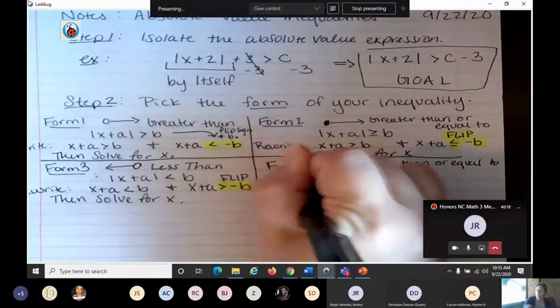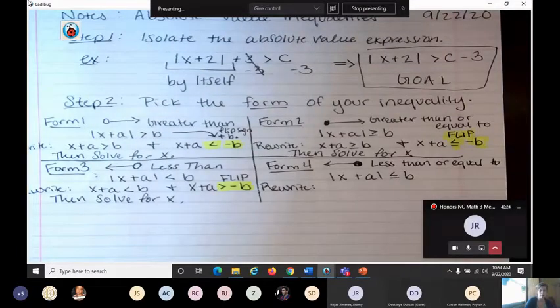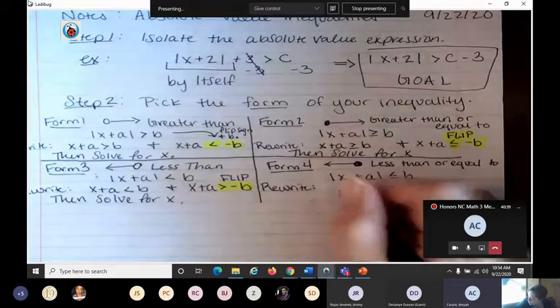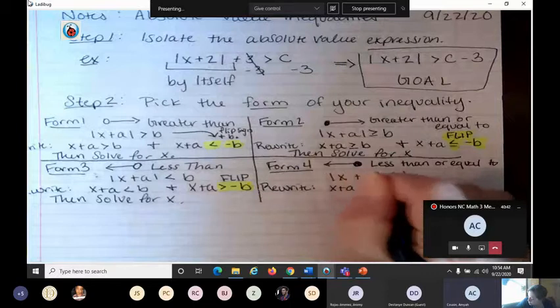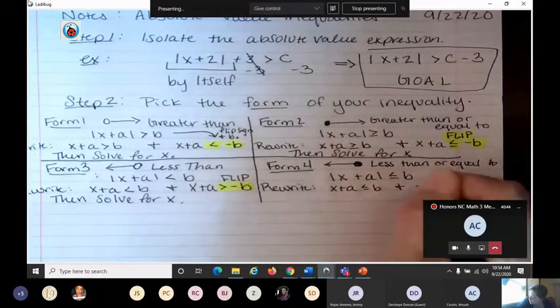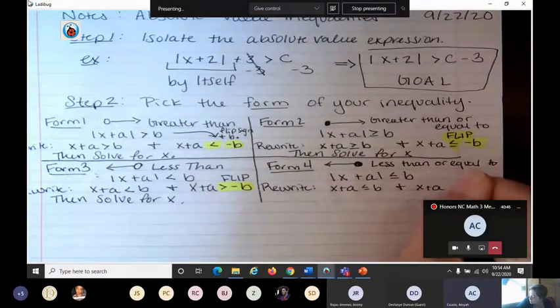And can I have a volunteer to tell me how I will rewrite my absolute value into two different inequalities? X plus a is less than or equal to b, and x plus a is greater than or equal to negative b. Perfect. Excellent work.